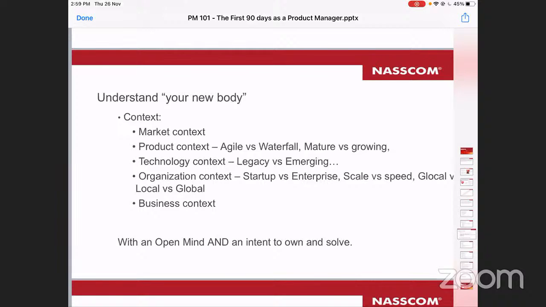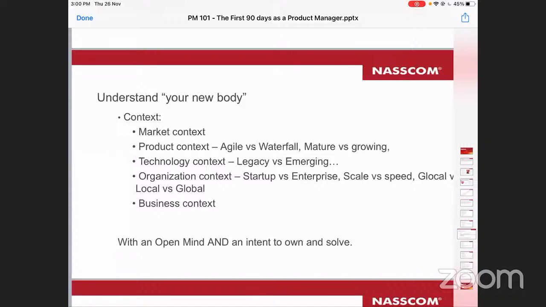If scale is key for the product and for the organization, how you behave as a product manager would be fairly different. You would be focusing on reuse. You would build an inventory of things which can continue to be used in new features so that you can build scale. While if it's speed, then you're focused on experimentation and a much more iterative way of building. Build, fail fast, take it to the market, come back. So the approaches would be different.